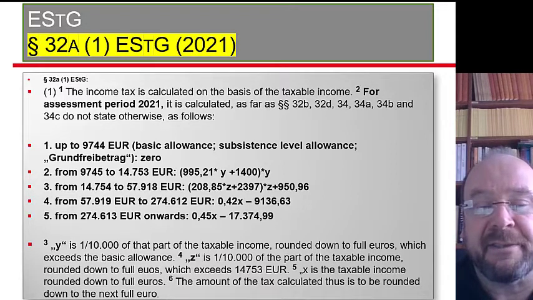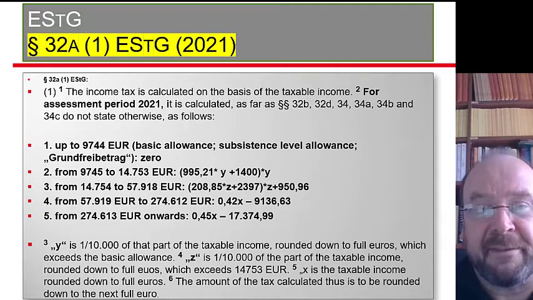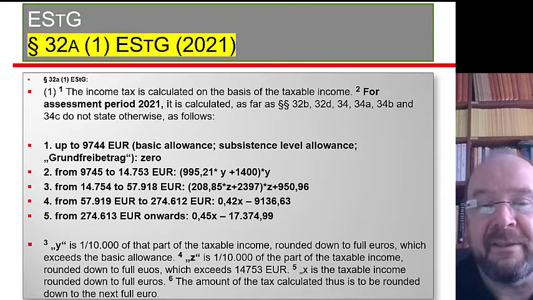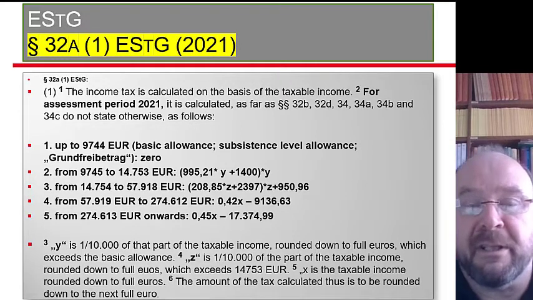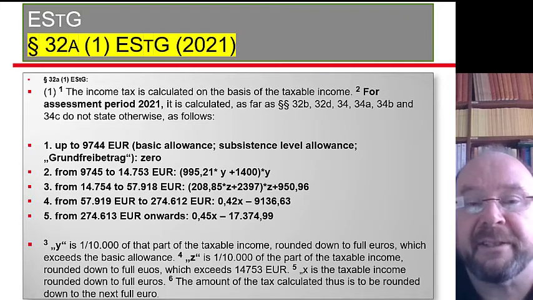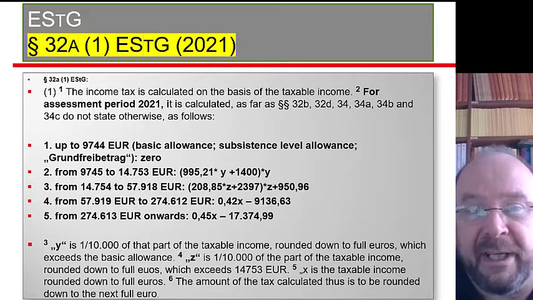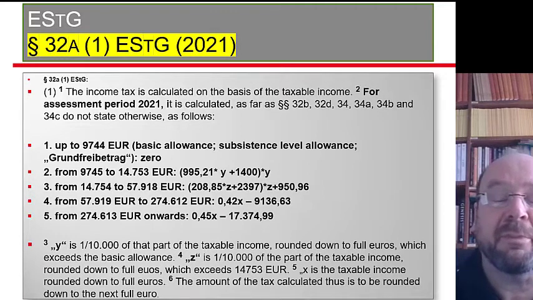Take 42% of all the income, and deduct the correcting factor, because for the first parts of the income less than 42% should be due.